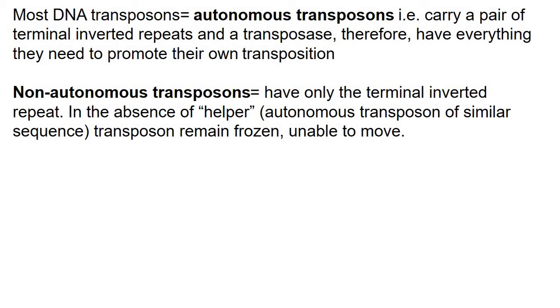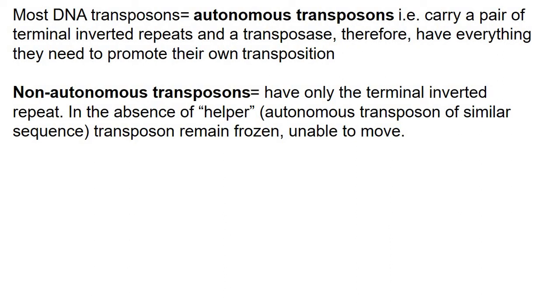The Sleeping Beauty transposon in many insects is called Sleeping Beauty because it has been there for a long time. It's a non-autonomous transposon. It doesn't move. But this can be used as a molecular tool where if you inject a very similar sequence with transposable activity, you can move the Sleeping Beauty transposable element from one site to another site. And so you can attach your own sequence with this transposable element, so wherever the transposable element lands, it will also bring that sequence with it.